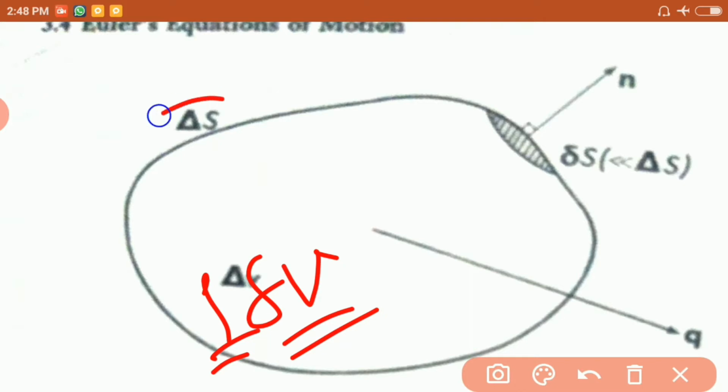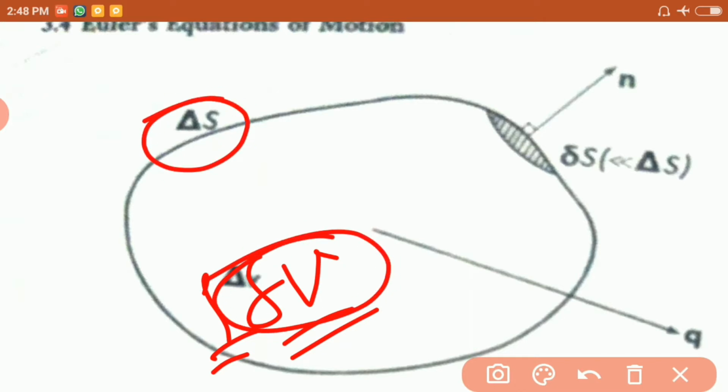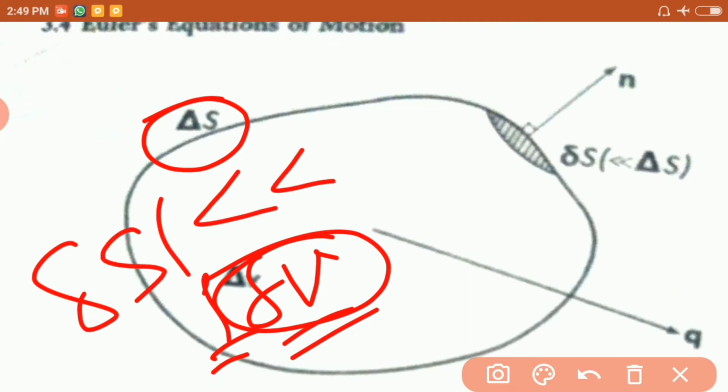Ultimately delta S and delta V are made vanishingly small.